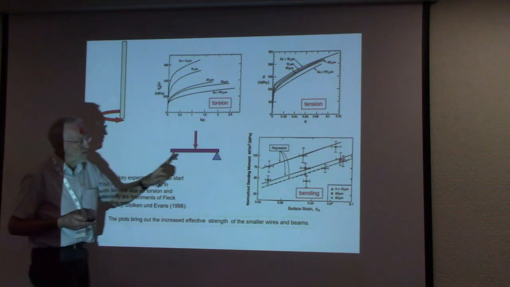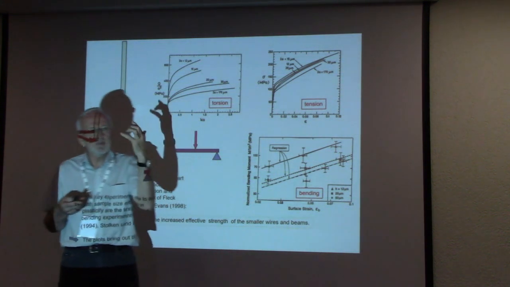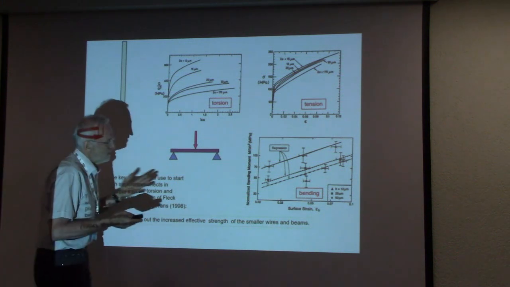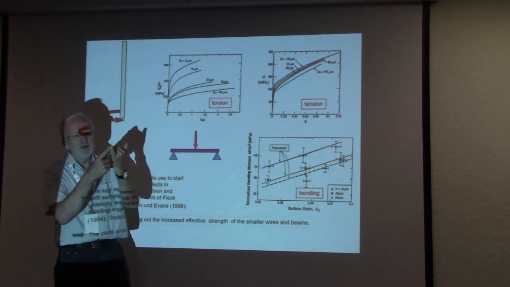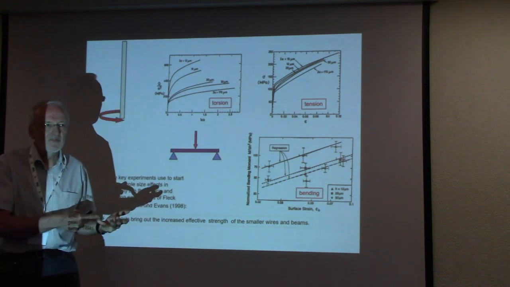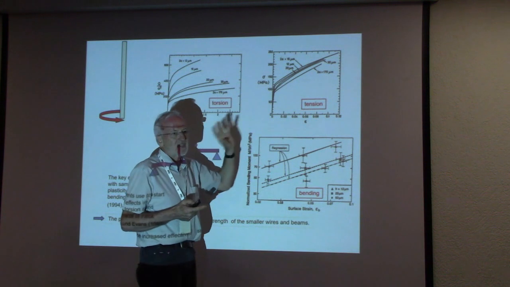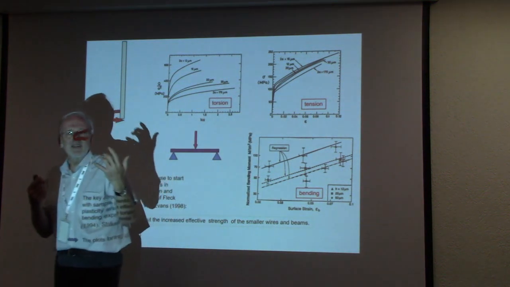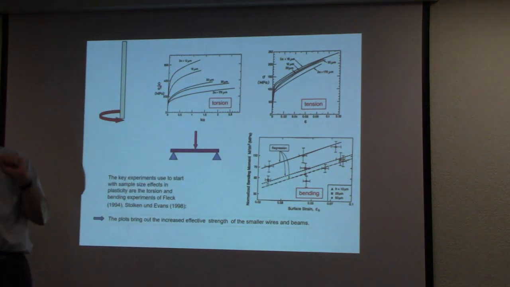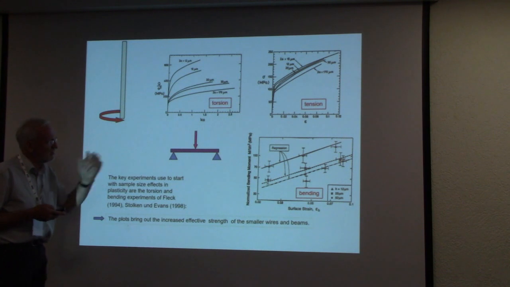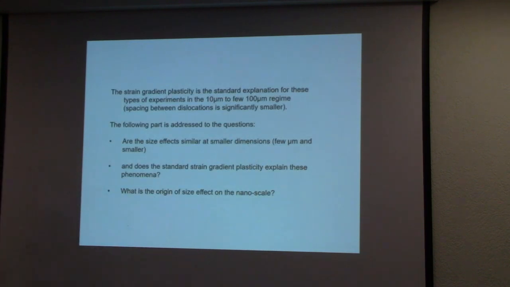Because we have seen that the mean spacing of dislocations is typically 1 micron or below. In this case, the sample size is large compared to the mean spacing. Okay, the question is now, can we use this strain gradient theory also to smaller dimensions?